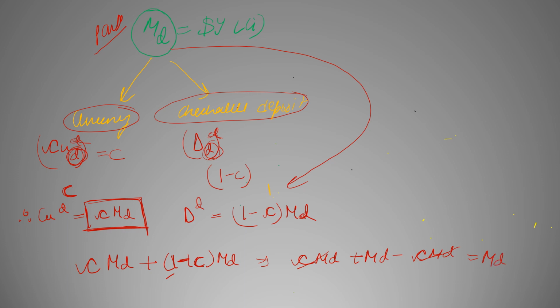So basically it is the same MD as this was. Okay, just that we have added further calculations and we have added this checkable deposit in our calculation. So yes, this is it for this video, and in the next video we'll be talking about these parts in greater detail. Thank you.